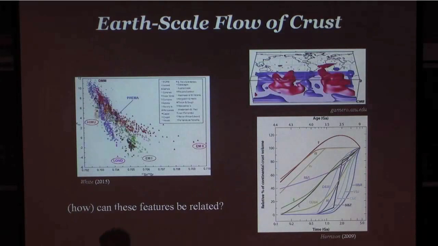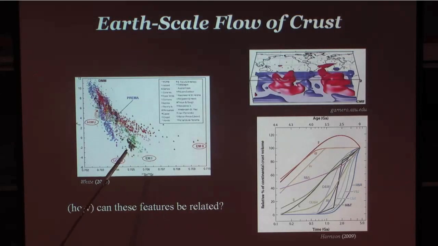And what I would like to do, at least in my own mind, is to somehow try to make some ties between the geophysical observations of these slow bodies at depth and the isotopic observations that come from the basalts.